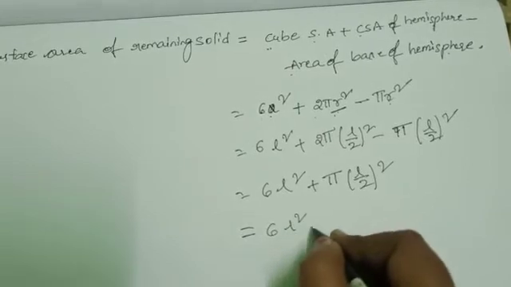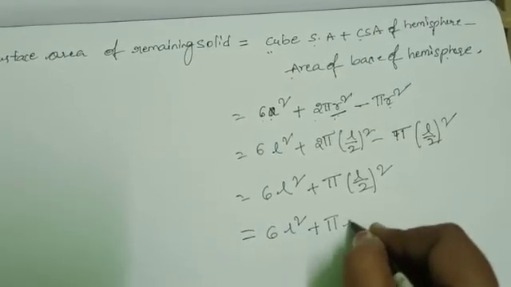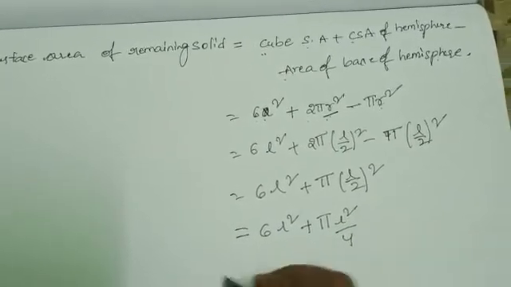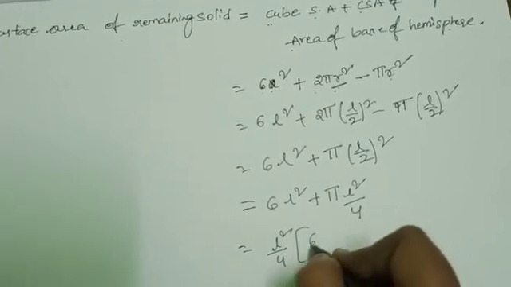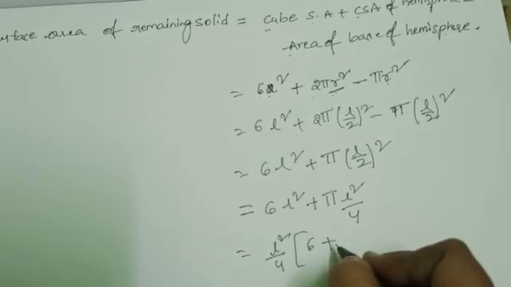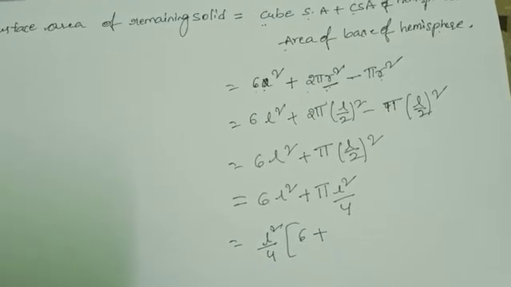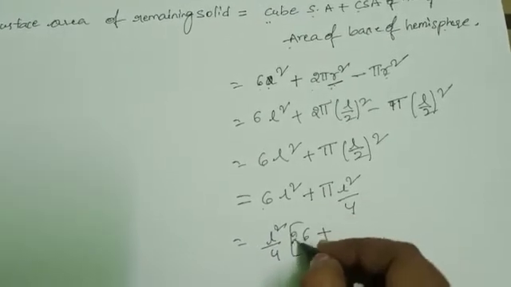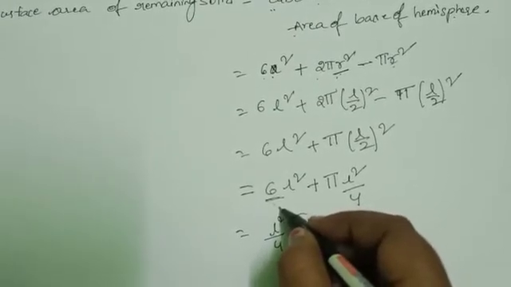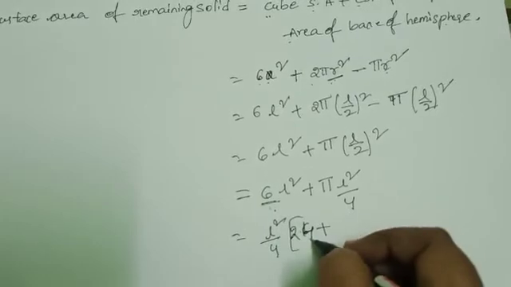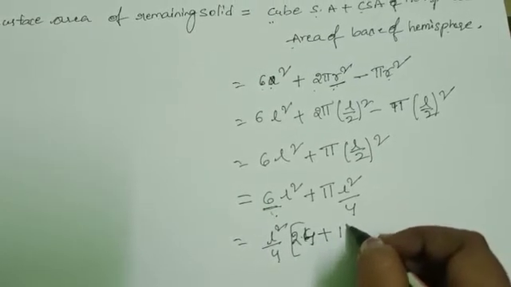So 6L square plus pi L square by 4. Here L square by 4 is common. So 6 times 4 is 24, since there is no 4 in the denominator, we multiply by 4: 24 plus pi.